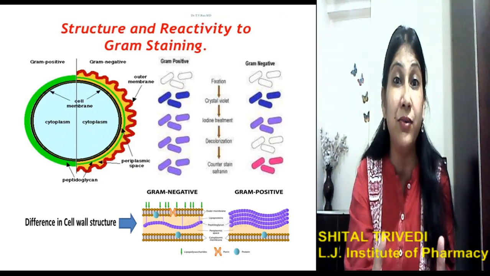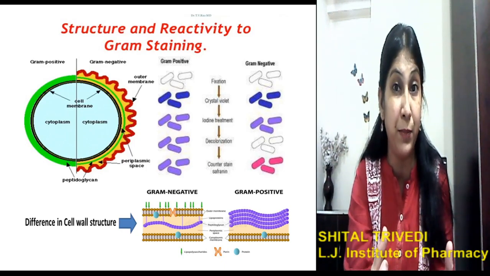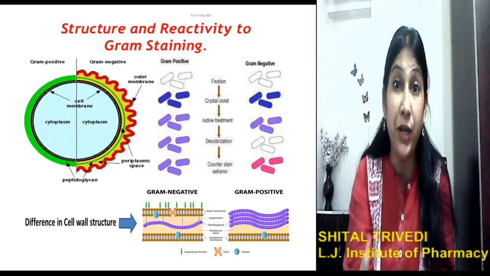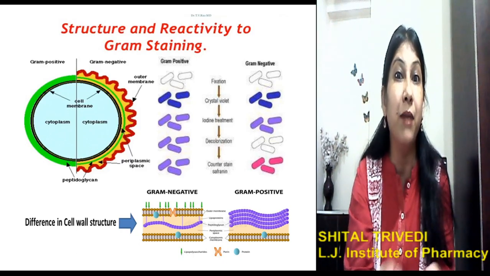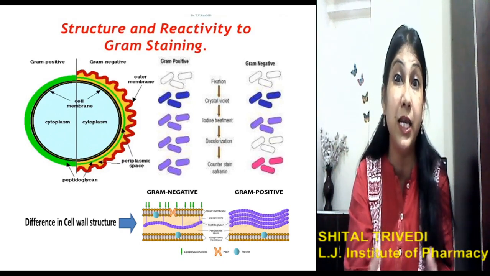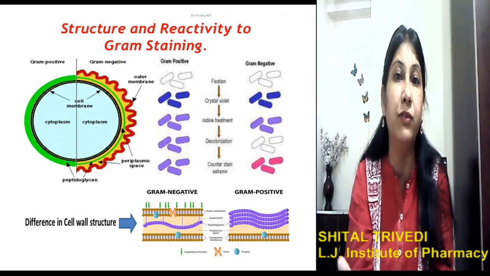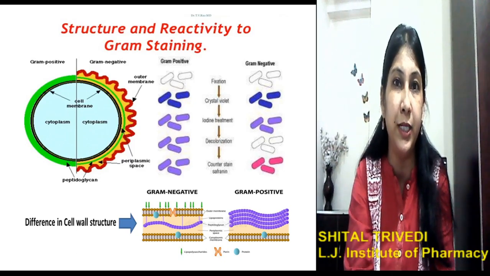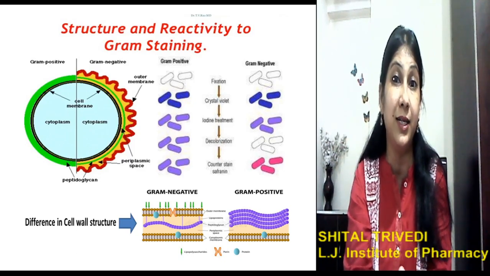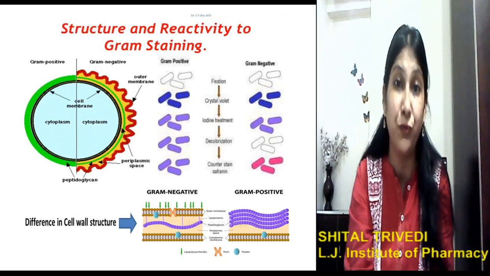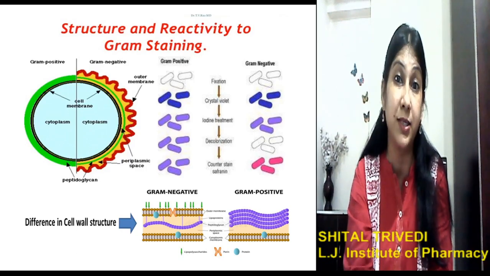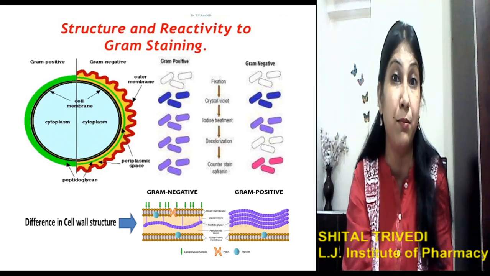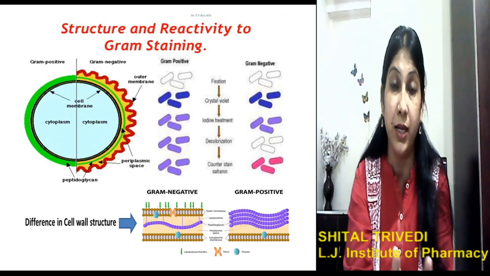That results in shrinking of the peptidoglycan layer, which reduces the permeability by minimizing the pore size. Because of the reduced permeability, the crystal violet iodine complex cannot come out of the gram positive bacteria, and they remain stained with the primary stain.